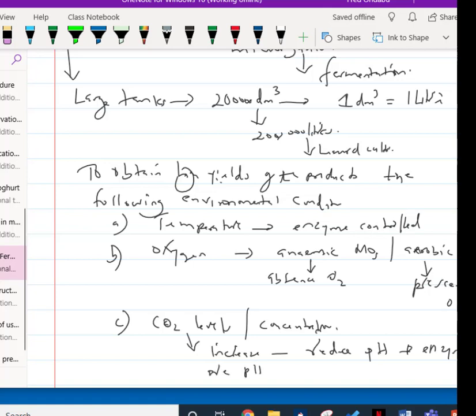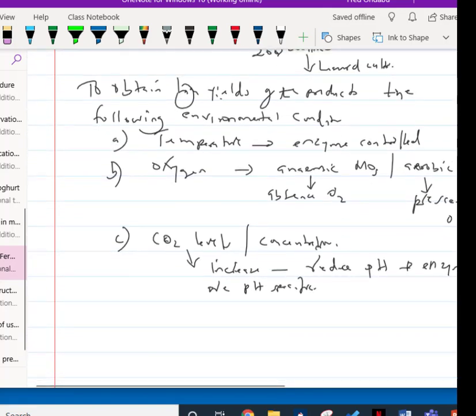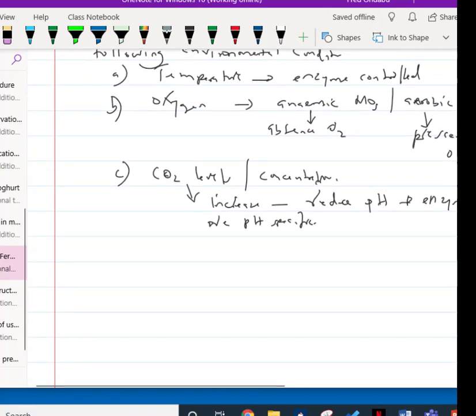Therefore, if the carbon dioxide levels are not controlled, they can affect the functioning of the microorganisms because their metabolic reactions are controlled by enzymes. So the carbon dioxide levels need to be controlled.